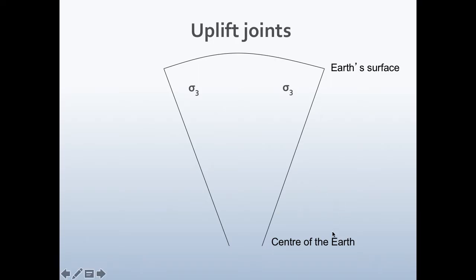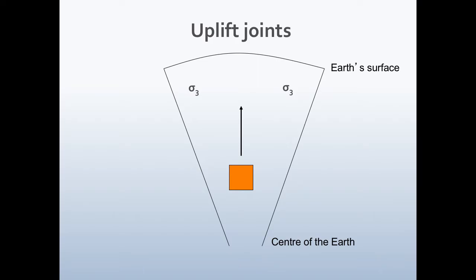So this shows a little diagram of that. We have some rock moving towards our surface. As it's going towards the surface, there may be a small amount of increased surface area, basically.